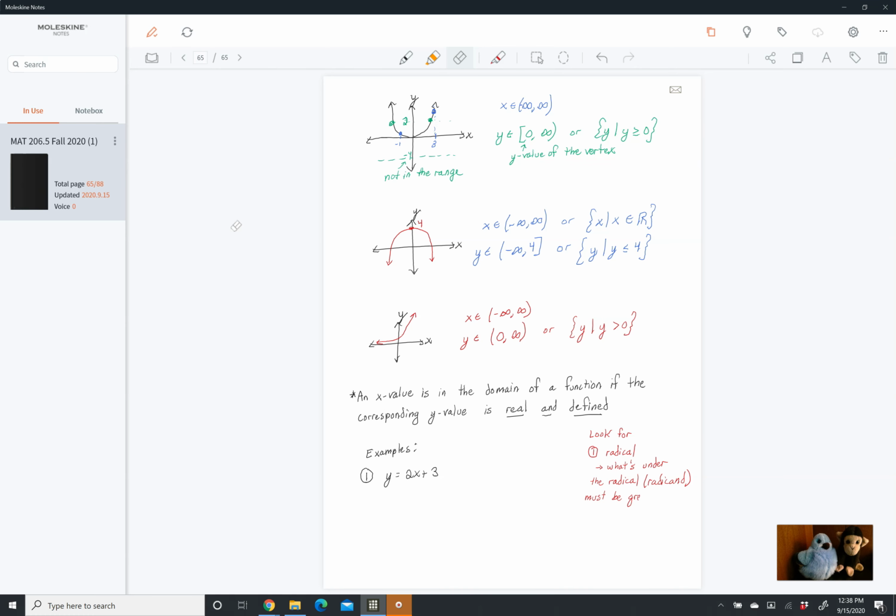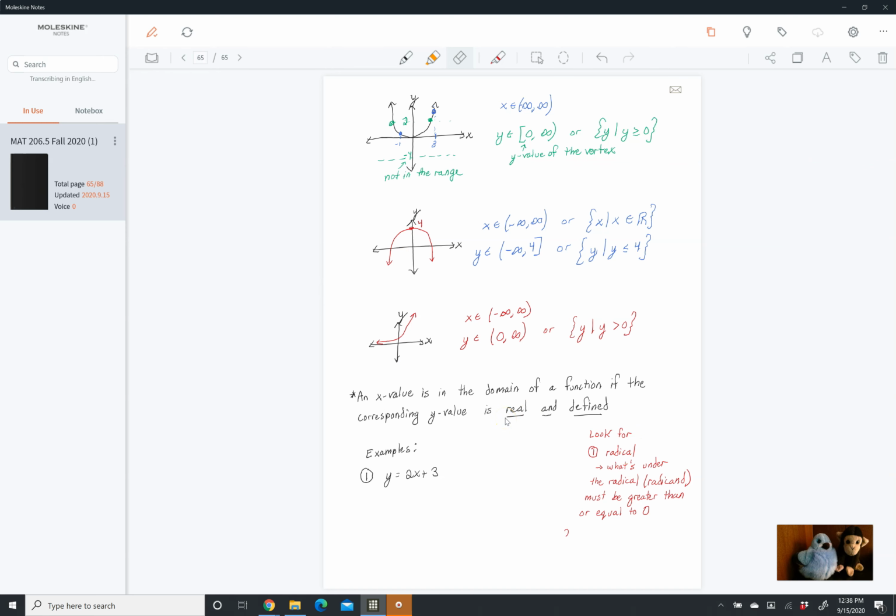We say greater than or equal to 0 because the square root of 0 is 0. This is the first thing that we're going to look for because this is the real part. If this were not true, then the y value wouldn't be real.